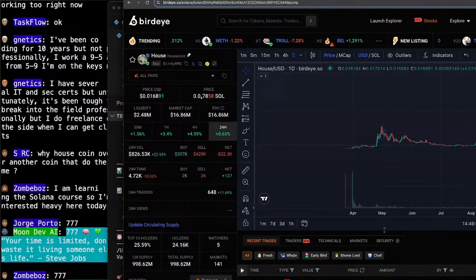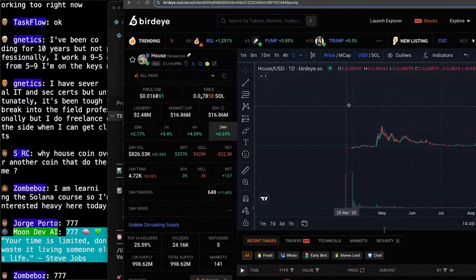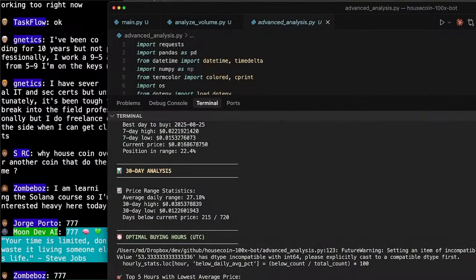So I'm building a dollar cost average bot that will accumulate smartly as much of the token as possible, looking for a 100x gain.